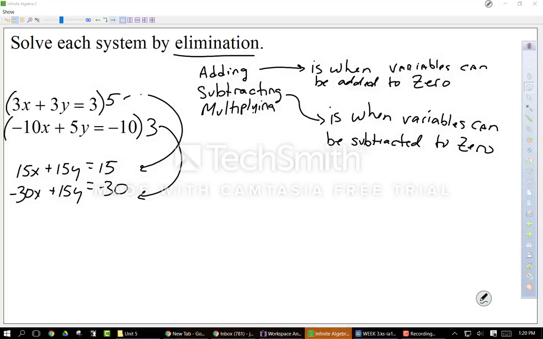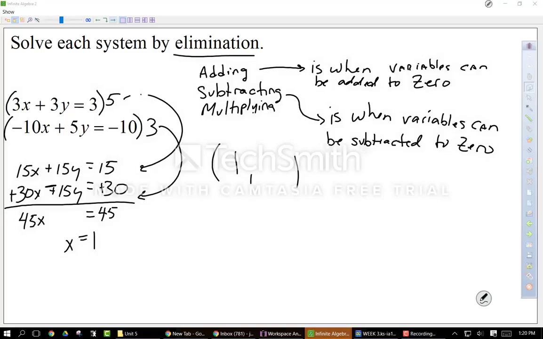So I have to subtract them. Remember we said with subtraction, I could change, change, change. Remember we're changing the signs of what they are to their opposite signs. So now I'm going to solve this. 15 plus 30 is 45x. Y's are canceled because they make 0 when I subtract them. 15 plus 30 is 45. X is 1.